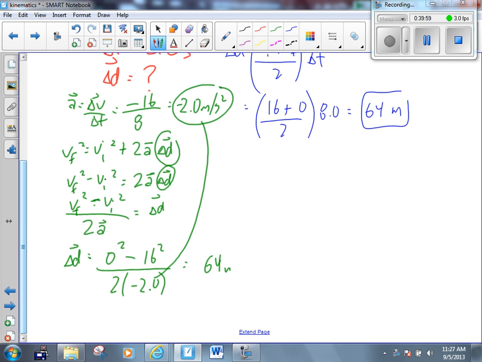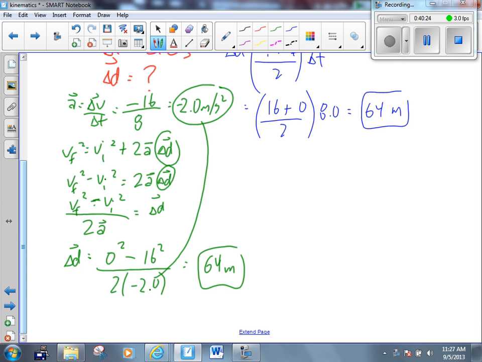Is it a coincidence we got the same answer? There are 2 or 3 or 4 or 5 different methods in a lot of these questions. As long as it's a group B problem and you pick a group B equation and you use it properly, if you get an answer, it's the right answer. It doesn't matter if it's the equation that I used to get that answer.